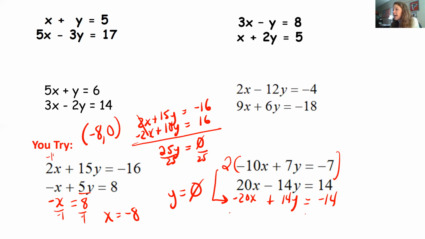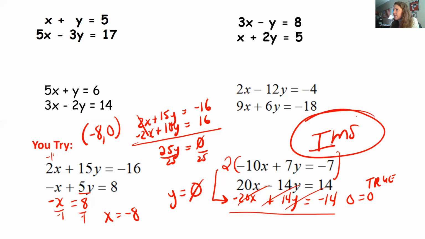So it looks like we have 0 equals 0, which is true. And when we get a true answer, we get infinitely many solutions. When would we get a no solution answer? When we get a statement that's not true.